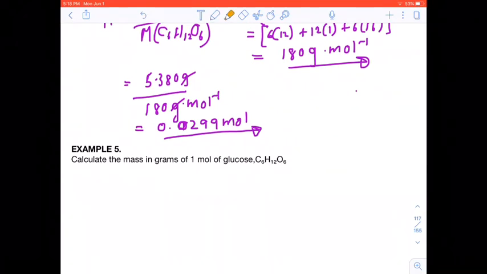So we want the mass of 1 mole of glucose, and we know what its mass in atomic mass units is, which is 180.